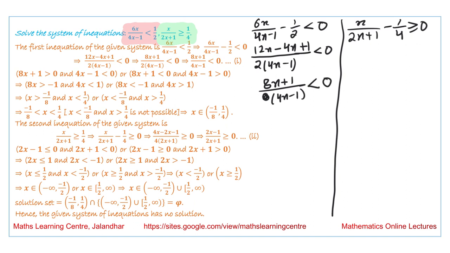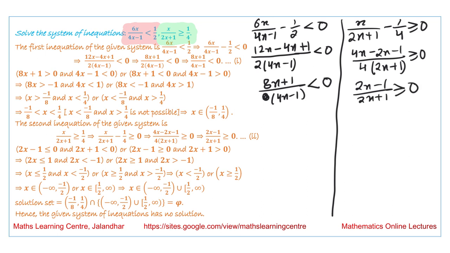In the second case, we have 4 into 2x plus 1, and this term we get 4x minus 2x minus 1 is greater than equal to 0. So this inequation becomes 2x minus 1 over 2x plus 1 is greater than equal to 0.